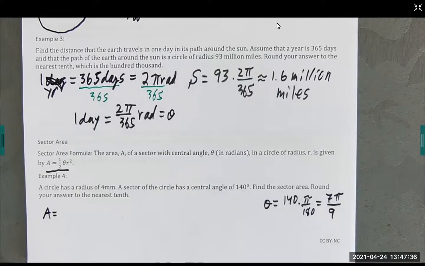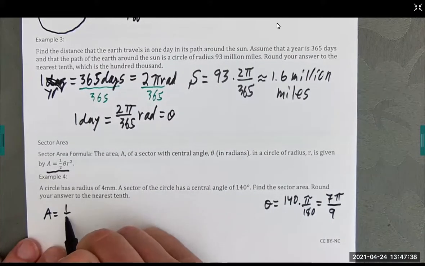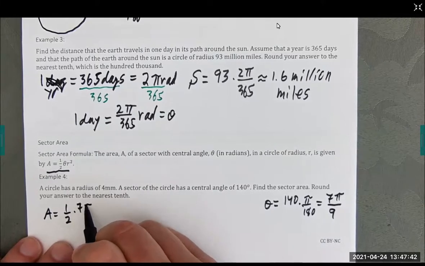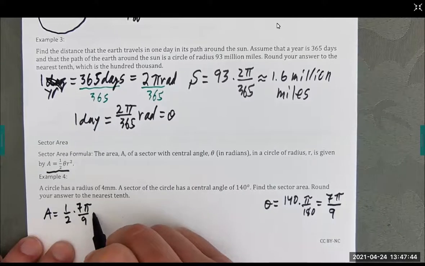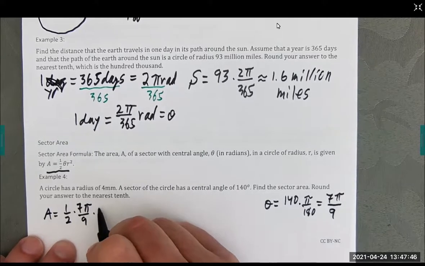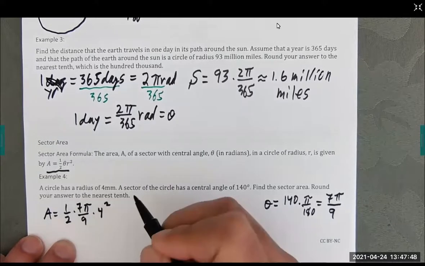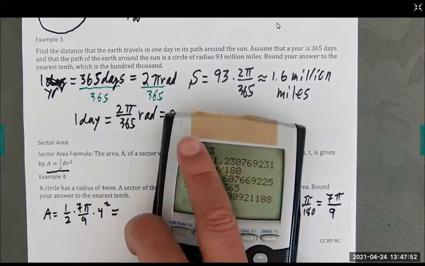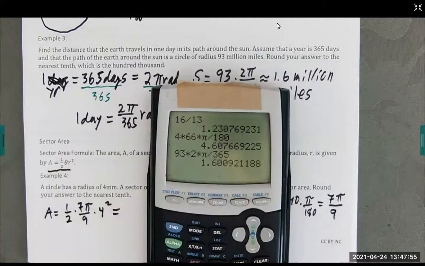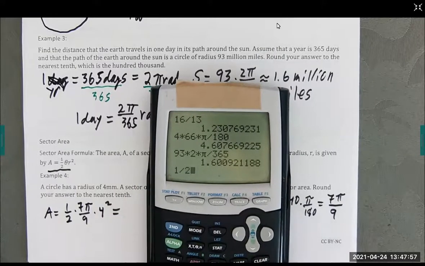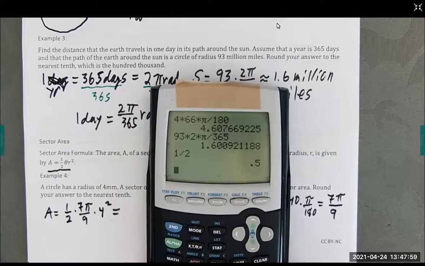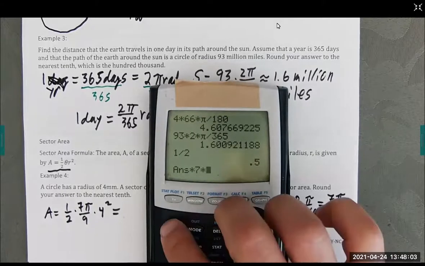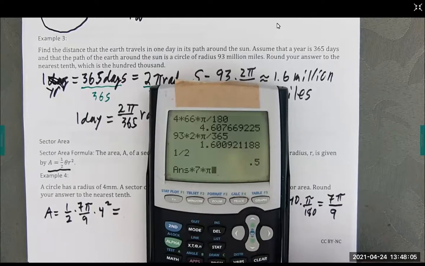So our area is going to be 1/2 theta, which is 7 pi over 9 times r squared. So that's 4 squared. So 1/2 times 7 times pi. And I'm going to say times 16.